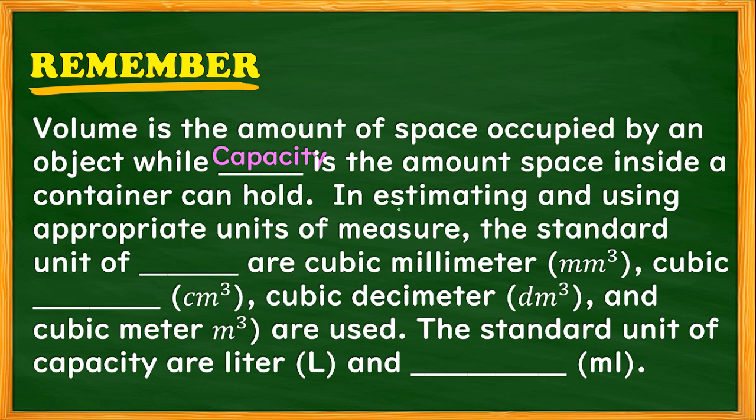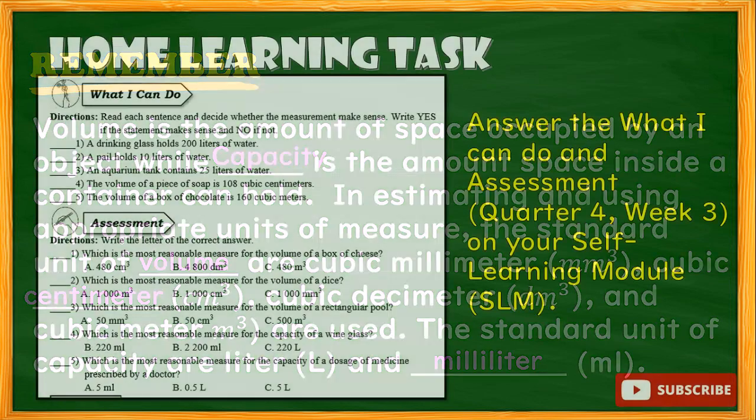And in estimating and using appropriate units of measure, the standard units of volume are cubic millimeter, cubic centimeter, cubic decimeter, and cubic meter, and the standard units of capacity are liter and milliliter. Okay, so that would be our lesson for today.